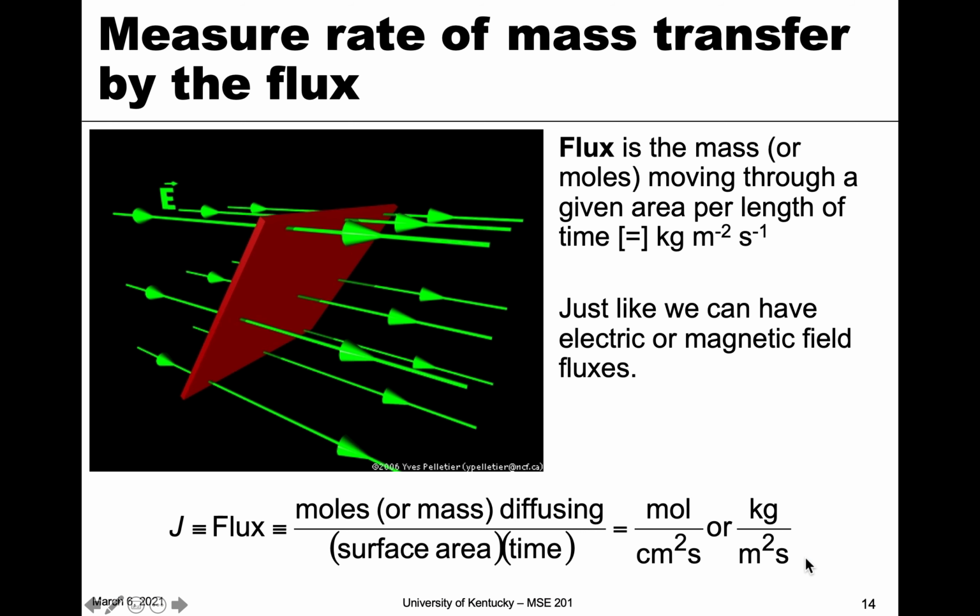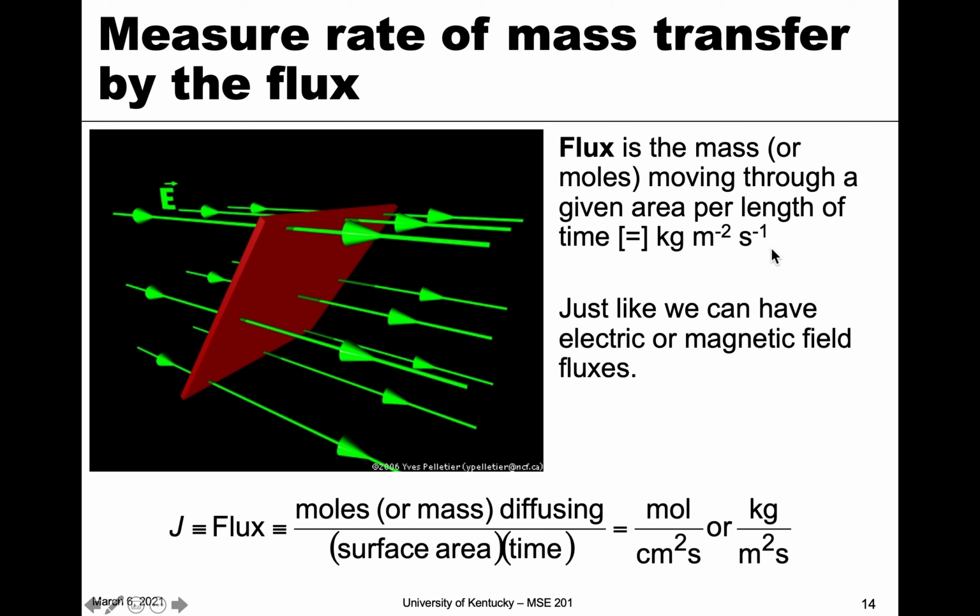So the first concept we need to look at when we look at diffusion is the idea of mass transfer and quantifying that mass transfer. So we're going to look at measuring this by looking at the rate of mass transfer, and then that's per unit of surface area, and we call this the flux.